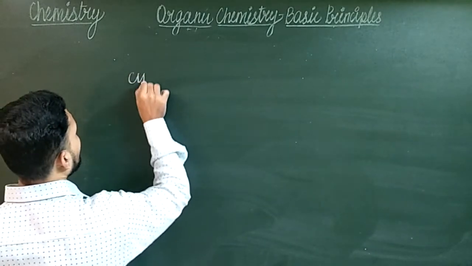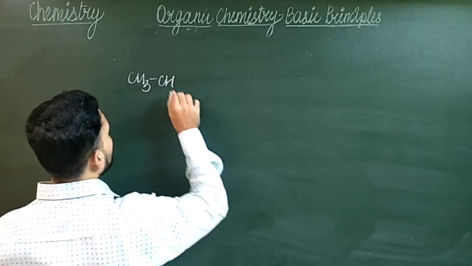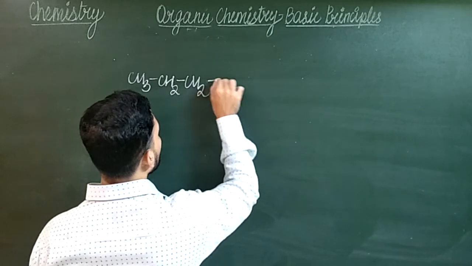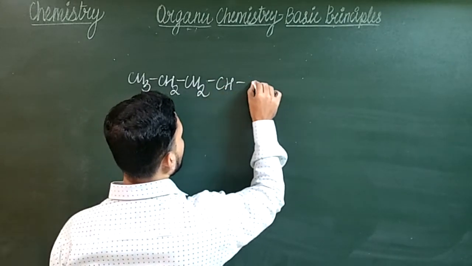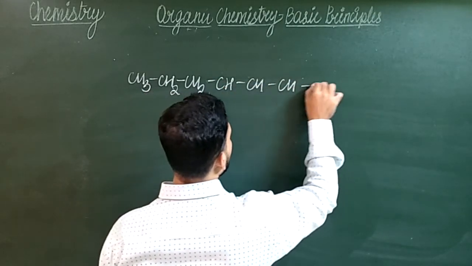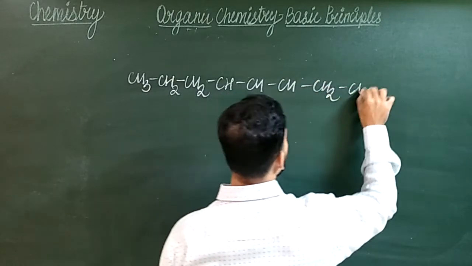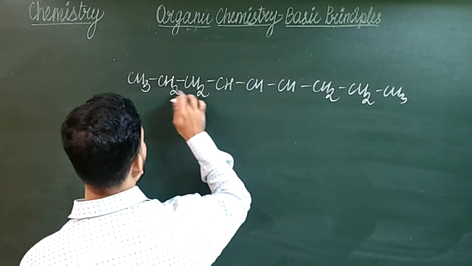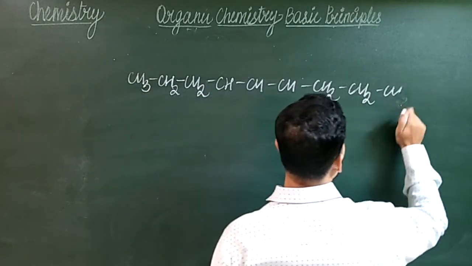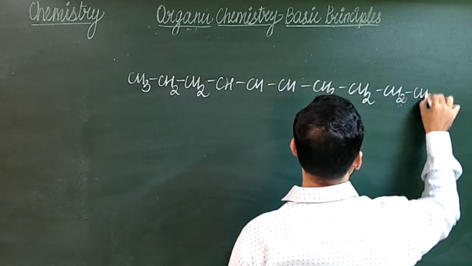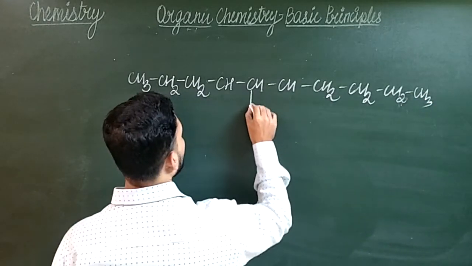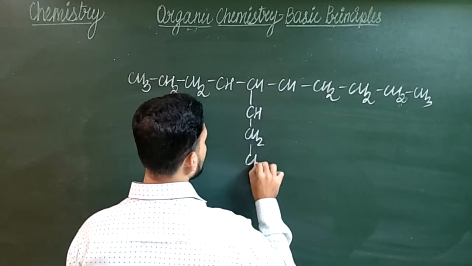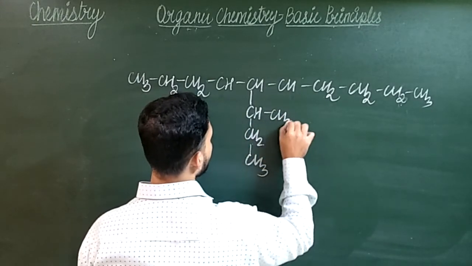So let us take one last example: CH3, CH, CH2, CH2, CH, CH, CH, CH2, CH2, CH3, numbered 1, 2, 3, 4, 5, 6, 7, 8, 9. You can go with one more also, let's suppose 10, and this one is CH, CH2, CH2, CH3.